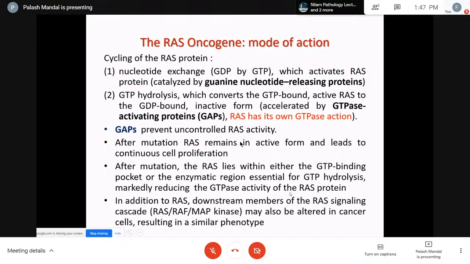Now this GTPase action is definitely reduced when it is mutated. In addition, downstream members of the RAS signaling cascade, that is RAS, RAF, the MAP kinase, may also be altered in cancer cells, resulting in a similar phenotype, that is the active state of RAS and continuous proliferation of the cell.